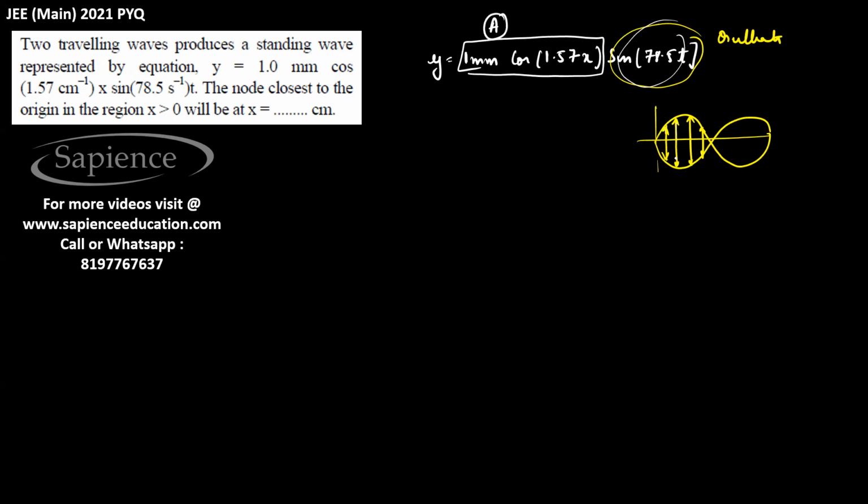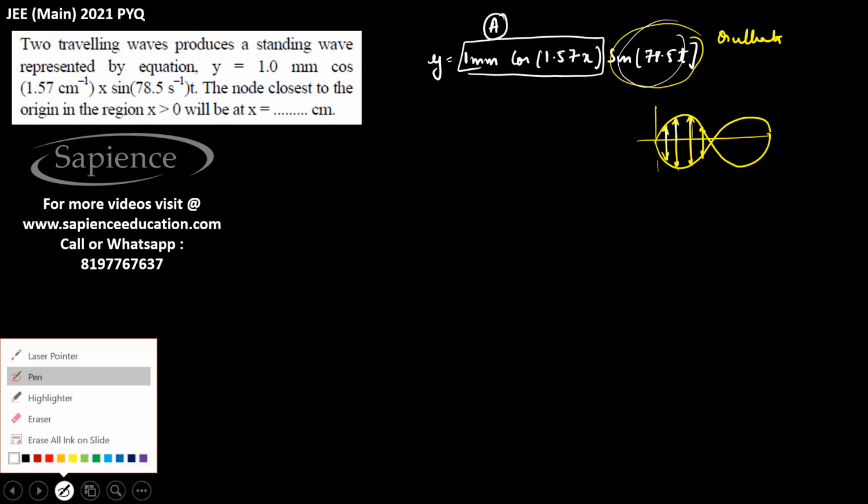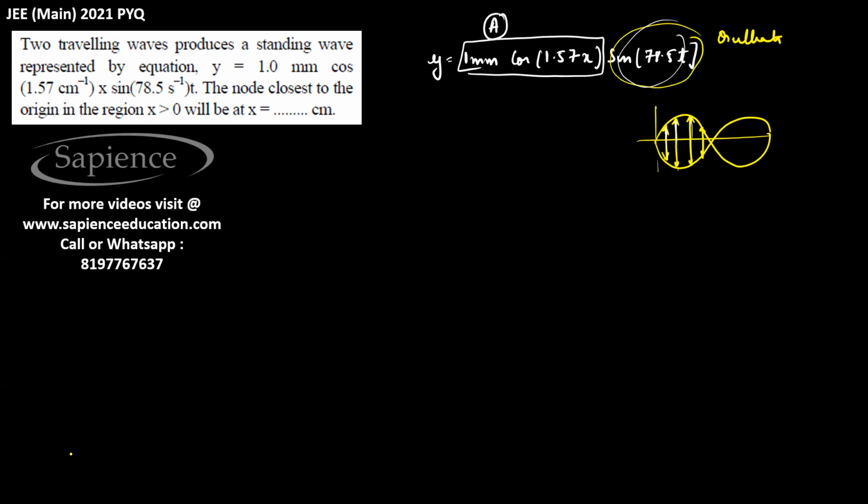That means each particle has a different amplitude. And you want a node. A node means the amplitude should be 0, which means this cos 1.57 x must be equal to 0.